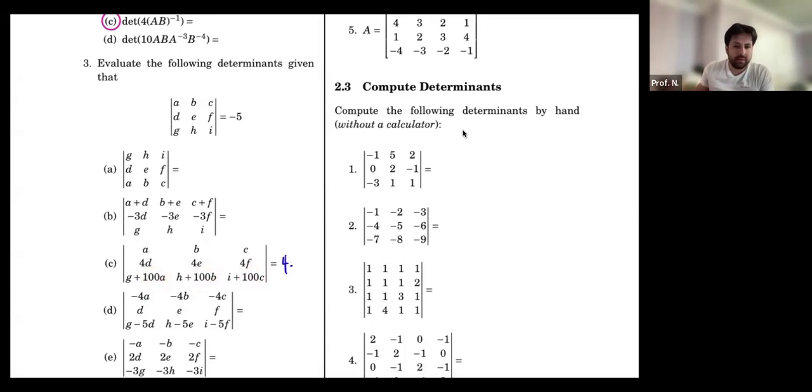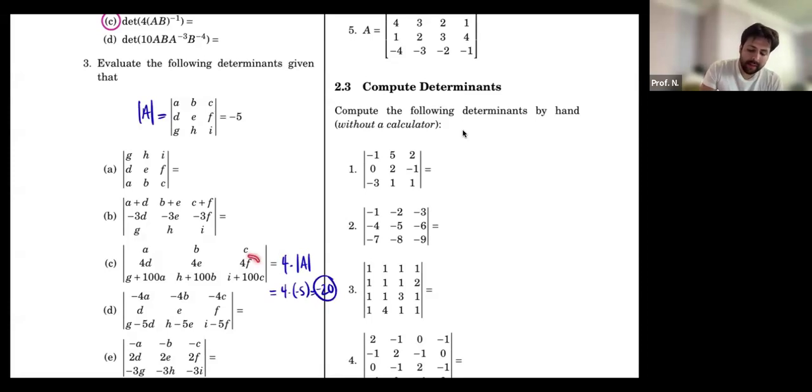So this last row, which is adding 100A, 100B, and 100C, you take the first row, multiply it by a scalar of 100 and add it to the third row. That does not change the determinant, which is very, very convenient for us. So if this is the determinant of A, then this is 4 times the determinant of A, which is 4 times -5, which is -20.